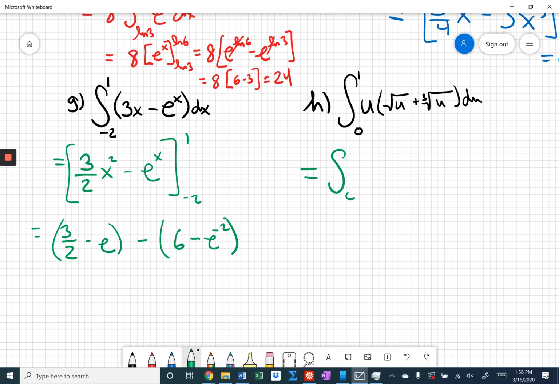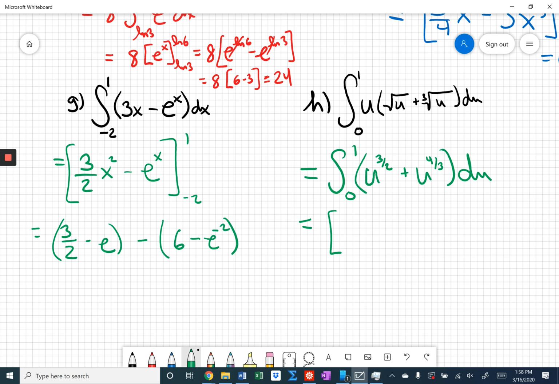So we are going to leave this as an integral. But I'm going to distribute the u, and so I'm going to end up with u to the 3/2 plus u to the 4/3, okay? And then evaluate that with respect to u. Now again, we still got to find an antiderivative.